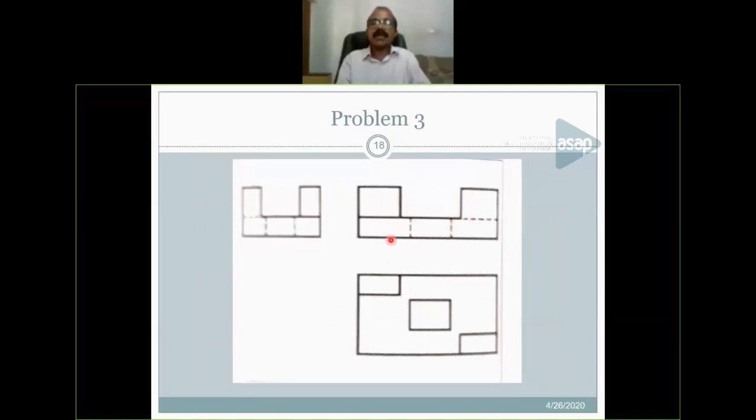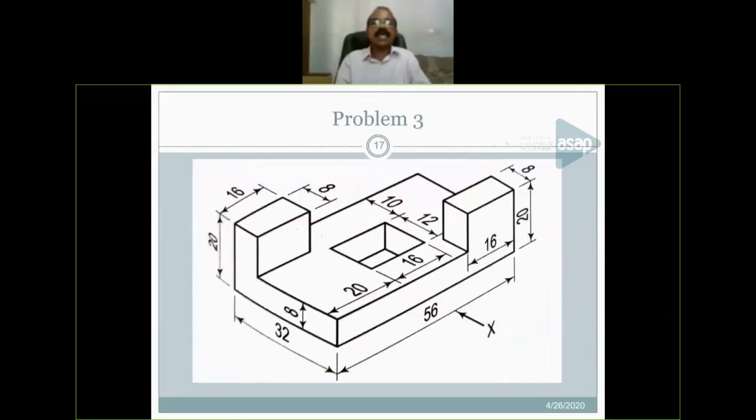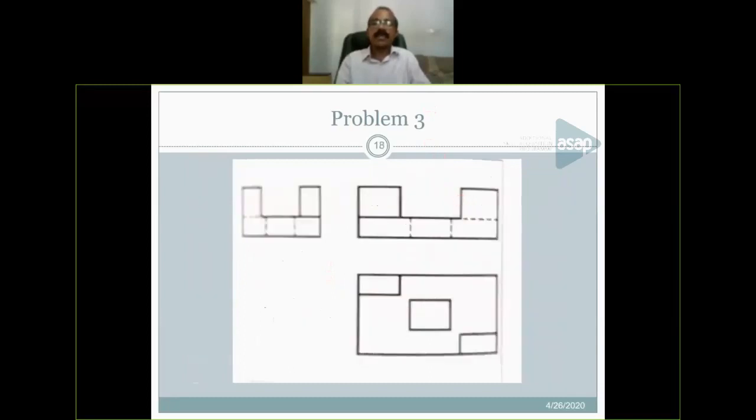So for the corresponding plan, looking from the top, you can see the surface. See the top surface. So here you can see this surface and the inner surface, then the outer surface, the top face, then this face also you can see. Looking to the top of the object. So that you have to draw here.